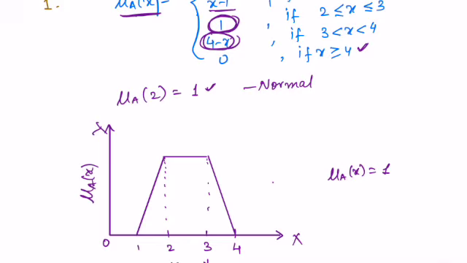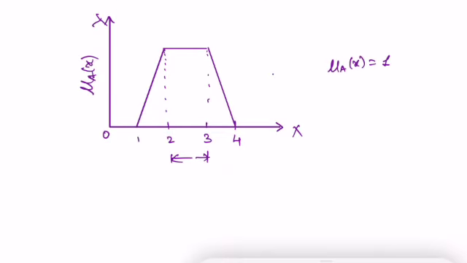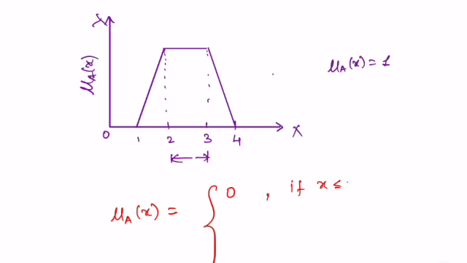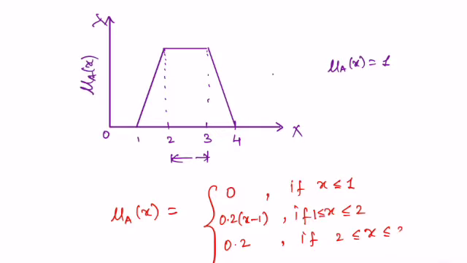In this example, we are writing the same example but multiplying it by a number, say 0, if x is less than 1, and then 0.2x minus 1 between 1 and 2, and 0.2 between 2 and 3, and then 0.24 minus x between 3 and 4.